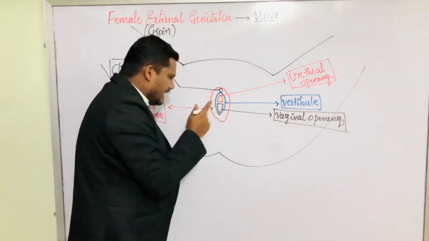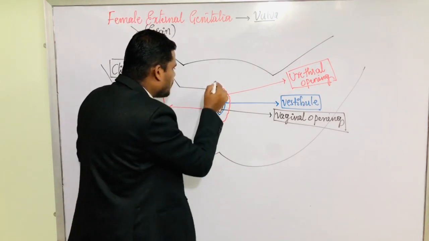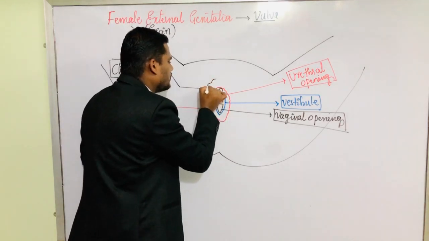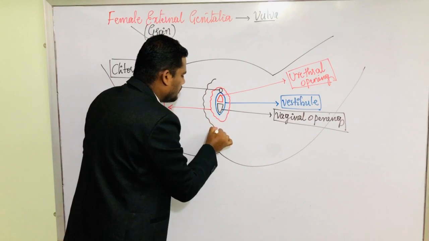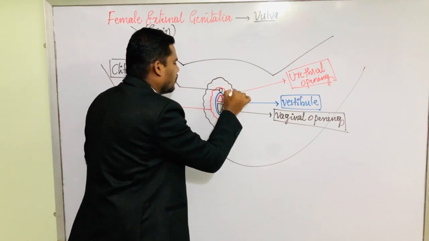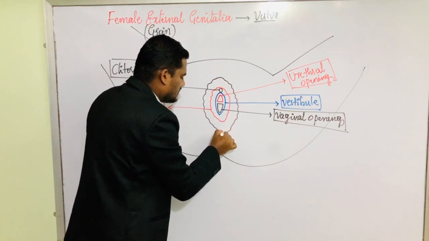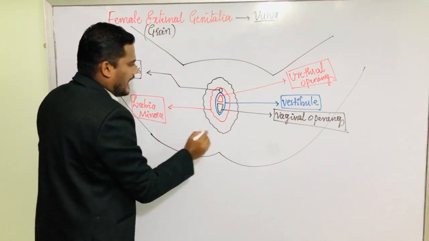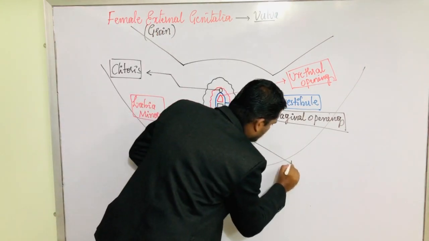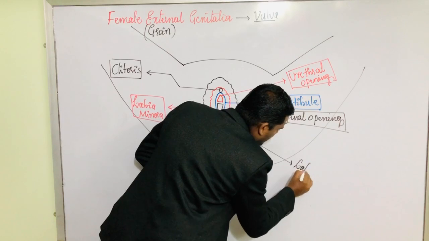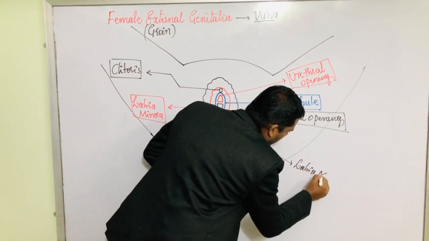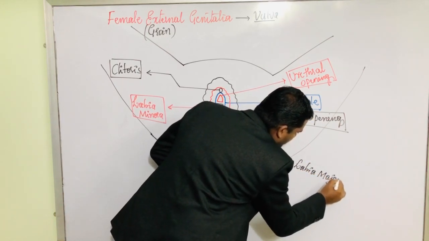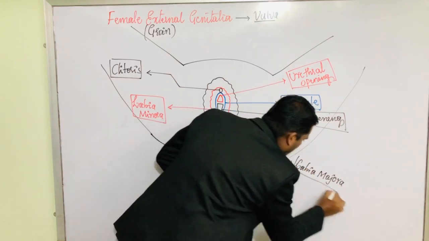Now this entire structure is covered with one more skin fold. This skin fold is called the labia majora.